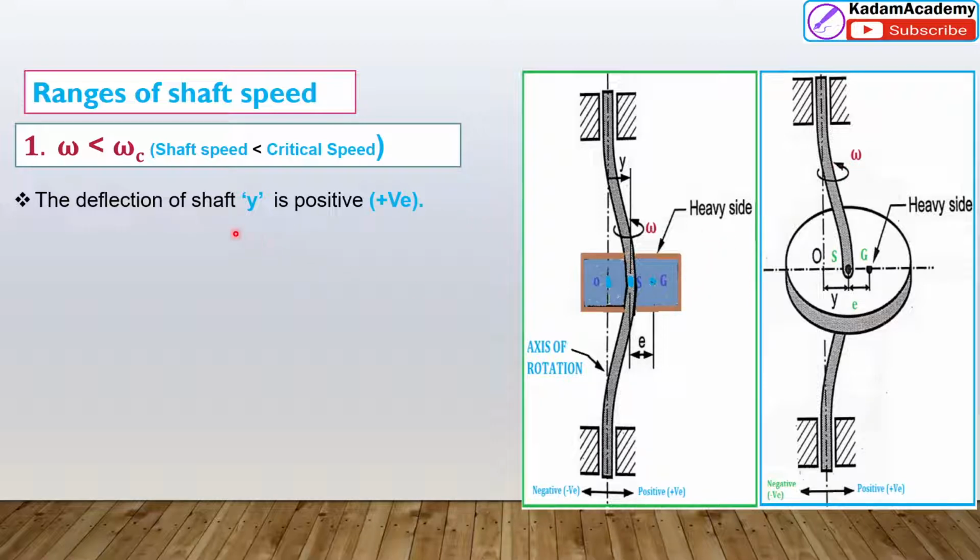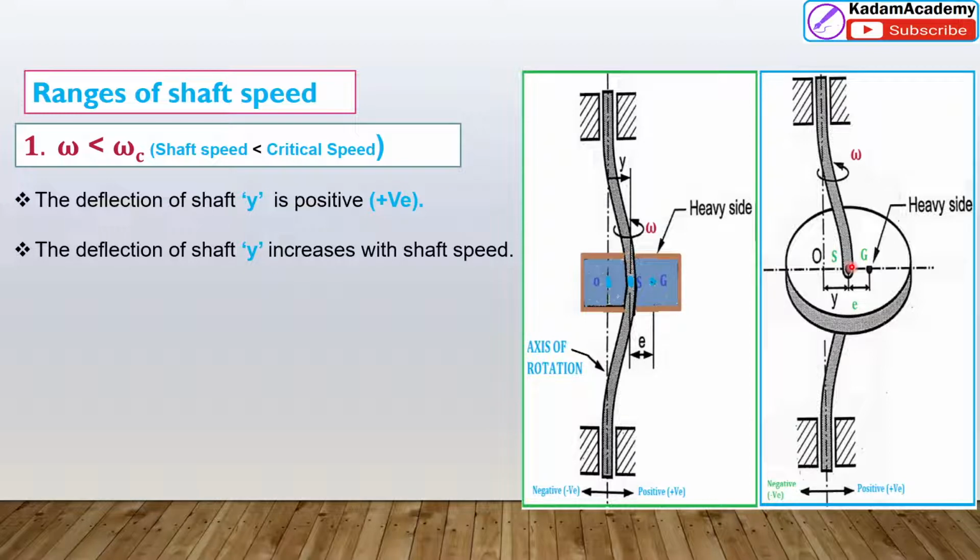So in this case, what will happen? When we calculate using the formula, y becomes positive. The deflection of the shaft is positive when the speed of the shaft is less than the critical speed, that is, omega is less than omega c. In this speed range, the deflection of shaft y and the eccentricity e are on opposite sides. Just you can see here, this is the opposite side of S, the geometric center of the rotor.